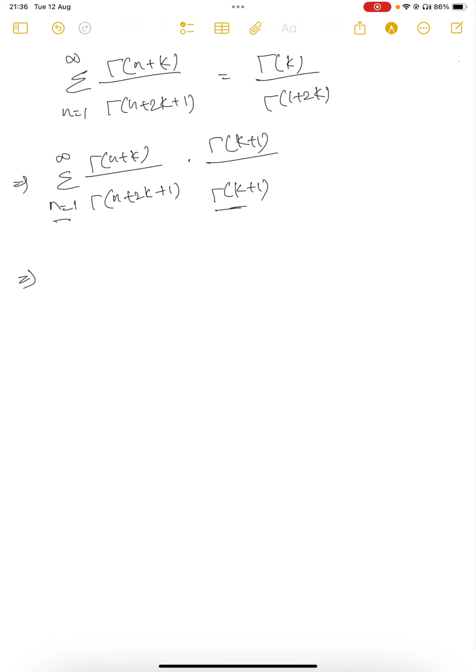So let's bring this outside of this summation, which is 1 by gamma of k plus 1 summation n equal to 1 to infinity gamma of n plus k gamma of k plus 1 by gamma of n plus 2k plus 1.